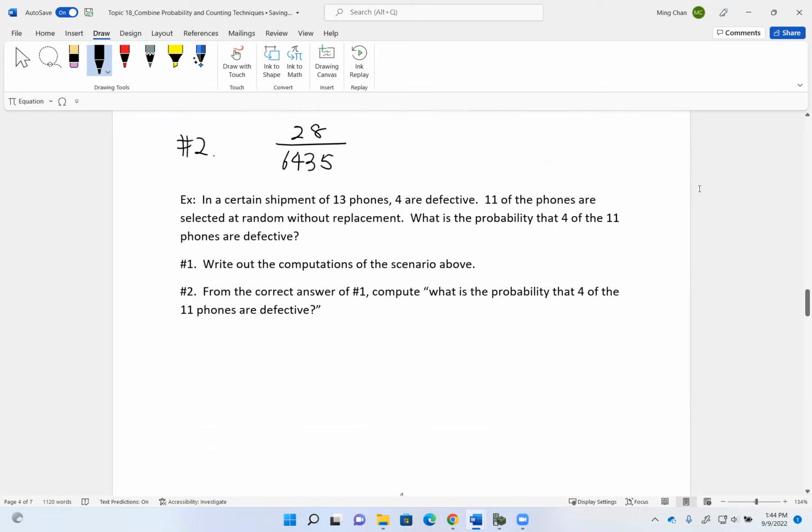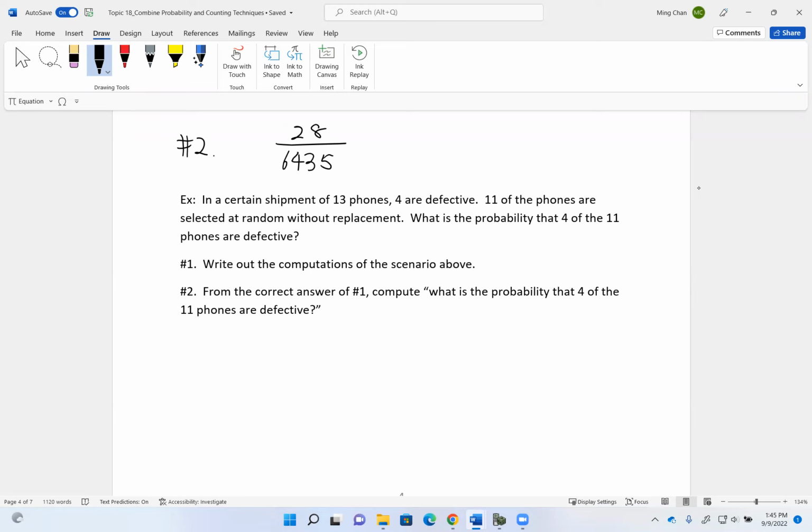All right, last question. This question is a little bit trickier. In a certain shipment of 13 phones, so I have 13 phones total, 4 of them are defective. So it already told me 4 are defective phones. 11 of the phones are randomly selected without replacement. So once I select them, I don't put them back in the batch.